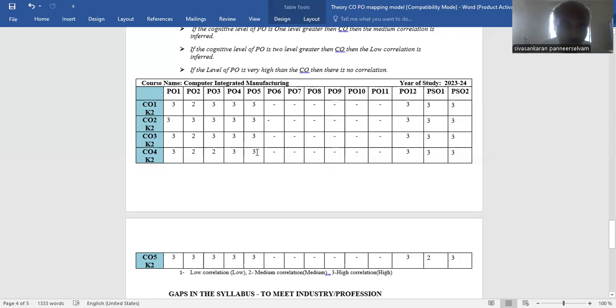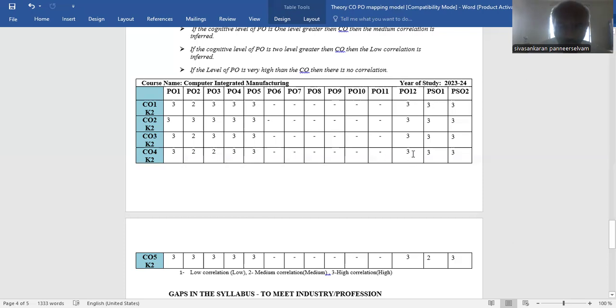Similarly, PO5, the modern tool usage, is also fixed as 3. Using modern tools, for example enterprise resource planning software and data management software, we can control the entire company under a single head. So in that case, CO4 and PO5 have a high correlation.